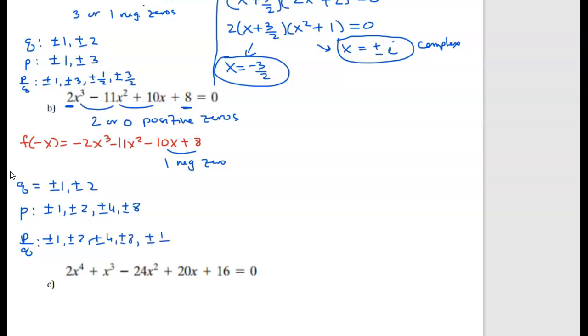So we have 1/2, 1 which we already have, 2 we already have, 4 we already have. Okay, so these are my possibilities. Alright, let's divide. Alright, so we're looking for 2 positive, 1 negative.